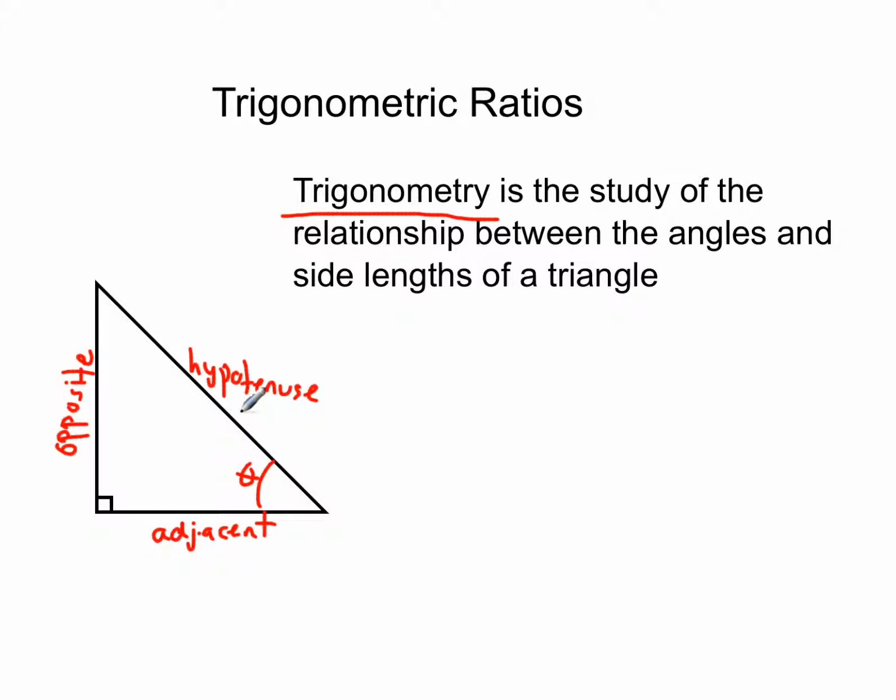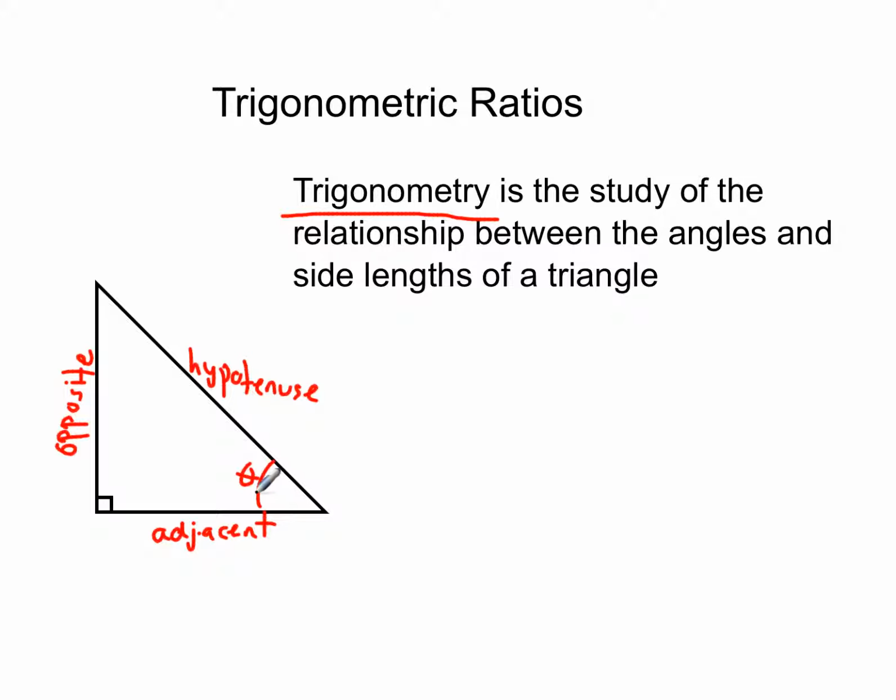Note that the hypotenuse is also next to theta, but it's already the hypotenuse, so it doesn't need another name. So we have opposite, adjacent, and hypotenuse. And adjacent just means, look it up in the dictionary, it just means it's beside it. It is adjacent to theta.